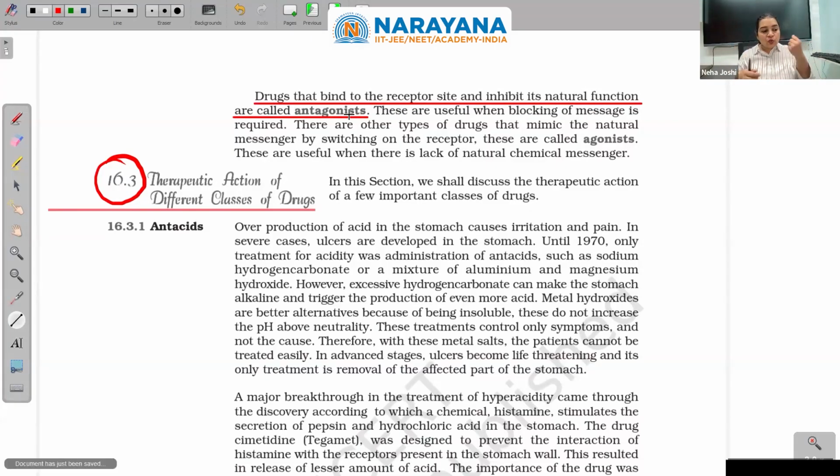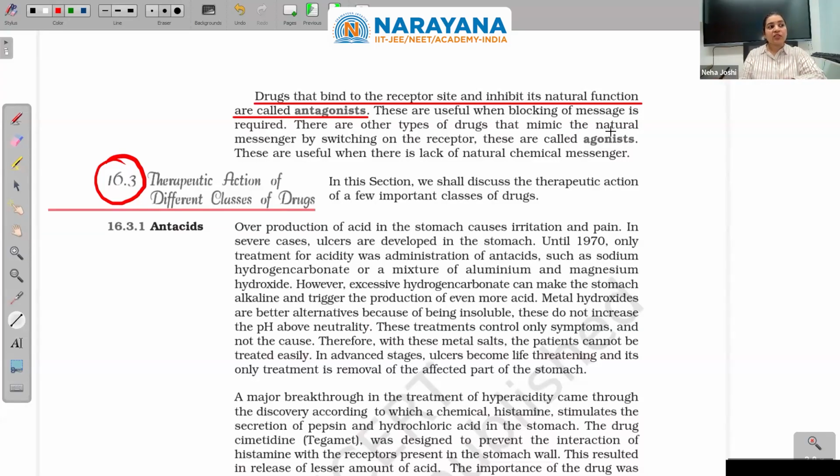But if we do not want that type of behavior from that cell, we want the receptors not to convey this message to the cell and to stop that working. For that, we generate certain drugs; they bind to the receptor sites, and now that receptor site is blocked and its natural function is inhibited. These are called antagonists. These are useful when blocking of message is required.